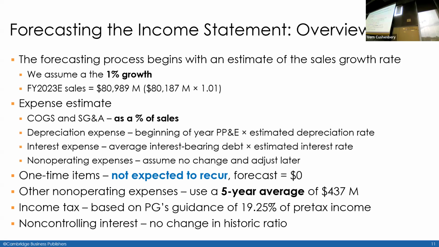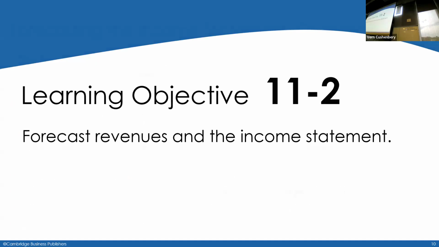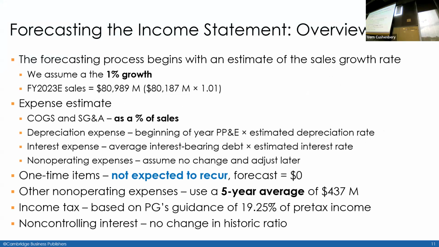You got to be really sharp on the margins, and then we're talking about weighted average cost of capital and growth rate into perpetuity. And I'm going to show you another slide here in a few minutes about how we'll do some sensitivity analysis around your key inputs. Other non-operating expenses, not the key input. So let's use a 5-year average or something that makes your life a little easier there.